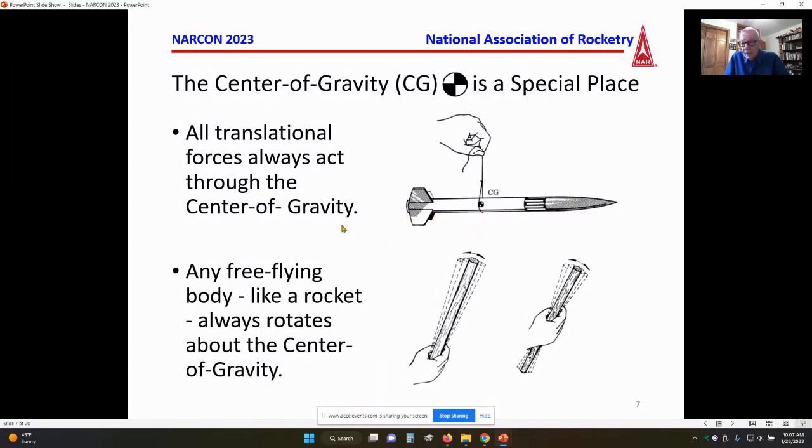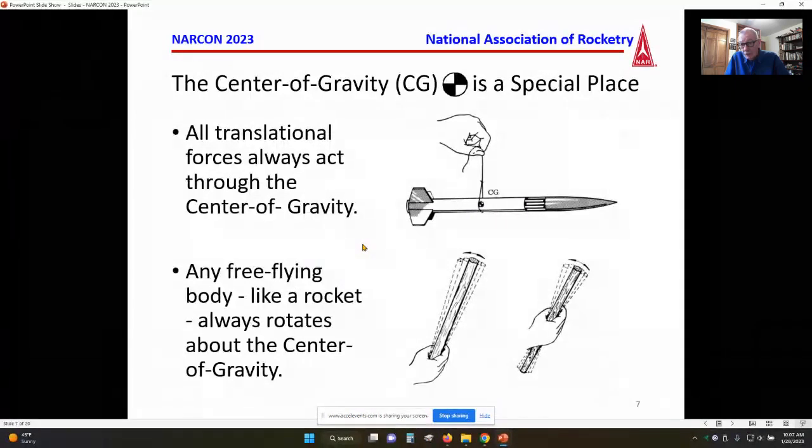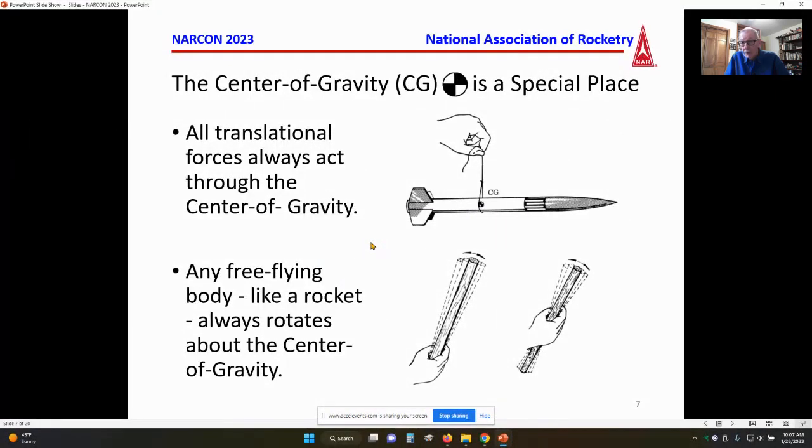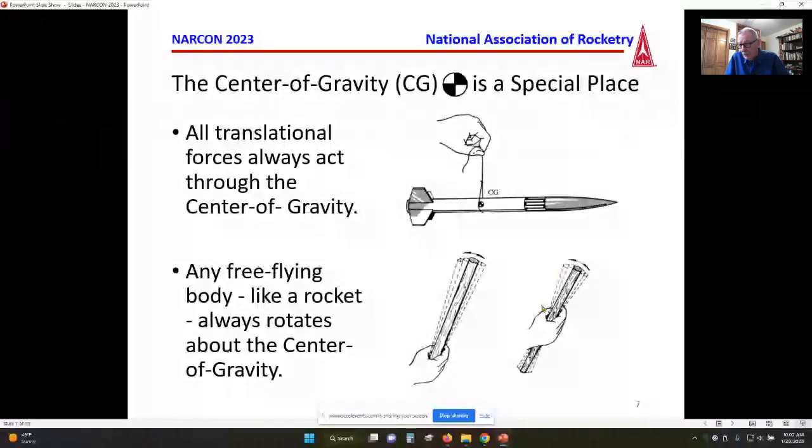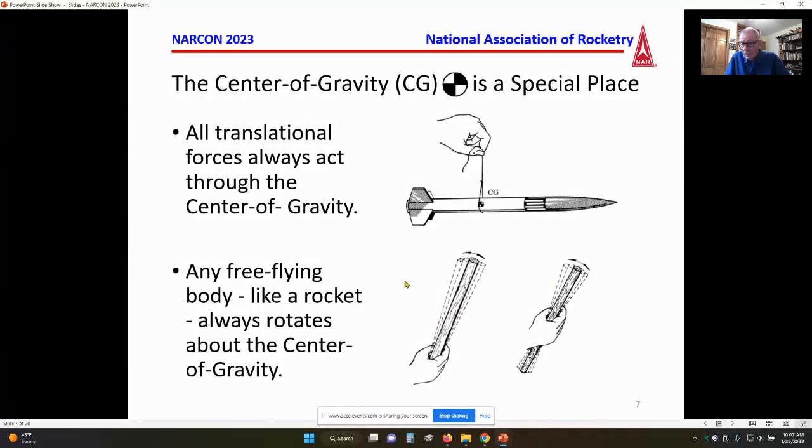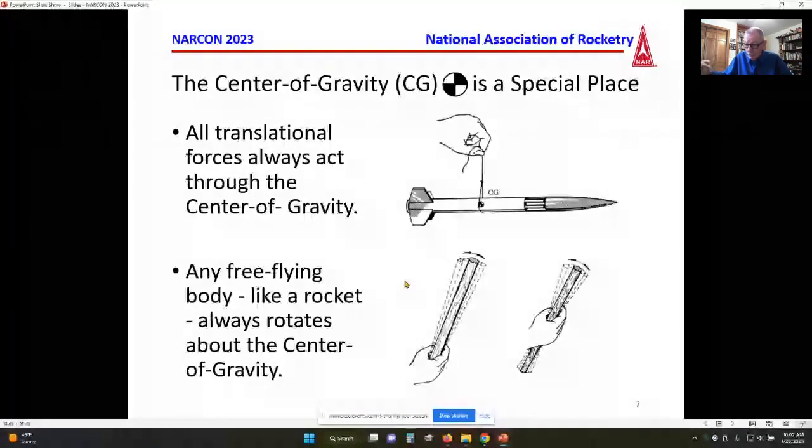The key to this is that the rotation of the rocket, and that's what we're talking about in stability, has to do with the fact that it always rotates about the center of gravity because of that equal mass distribution. If you want to convince yourself of this, I'm showing just a stick here below. If you shake that stick, make it a long one so you can really feel it.